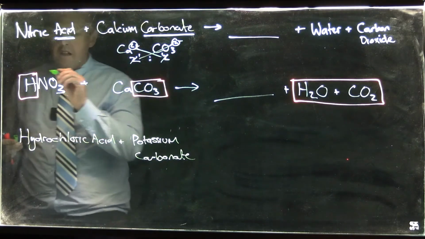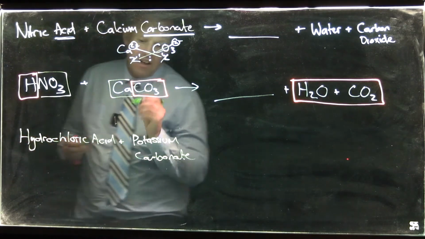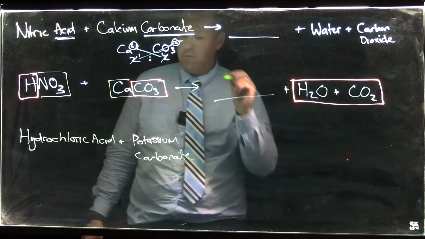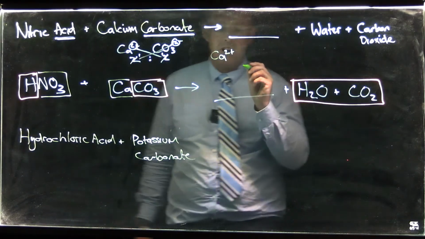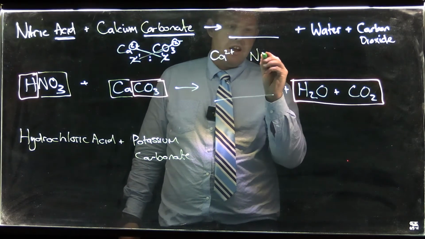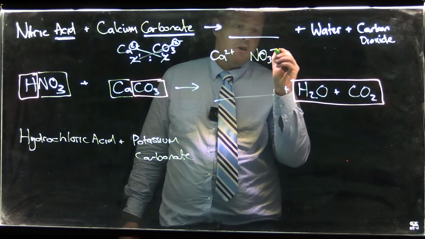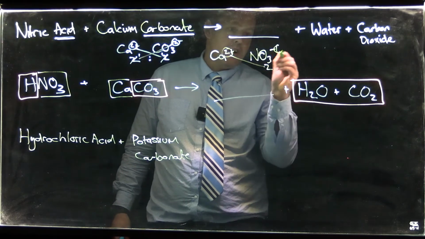I'm then going to highlight what I've got left over, so my NO3 and my Ca, that's what's going to form my salt. So my salt is going to be Ca2+ as my cation, and NO3 -1 as my anion, crossover method of a 2-to-1.